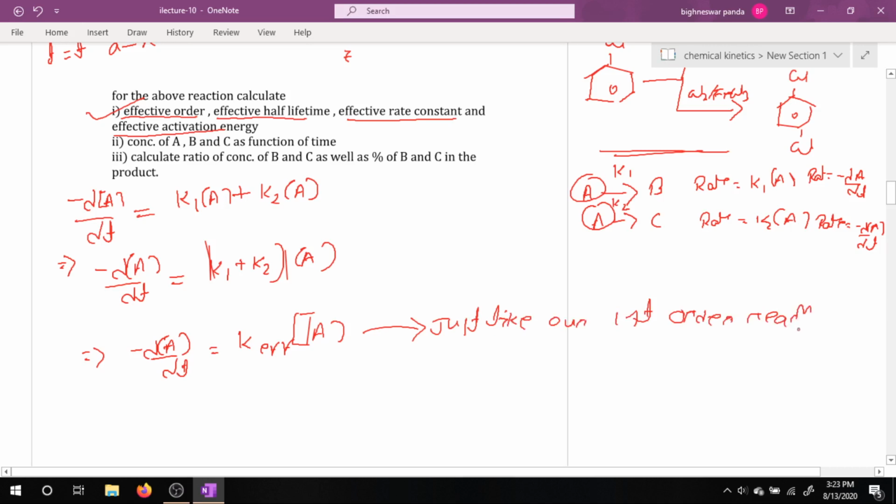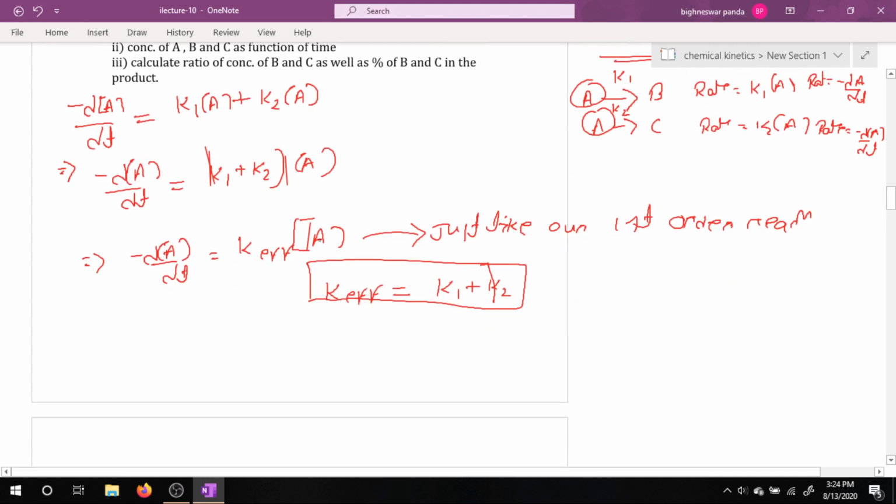So here we have solved one question. k effective is equal to k1 plus k2. If we have to calculate the order, minus dA by dt is equal to k effective into [A] to the power 1, so the order is 1.